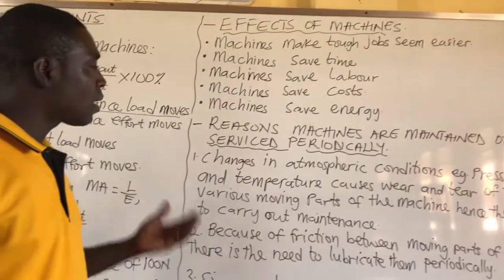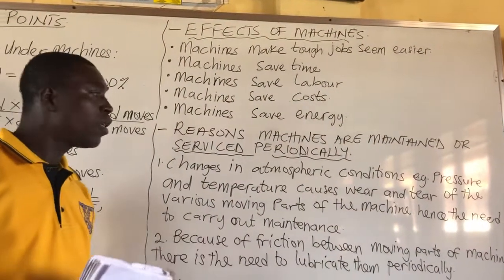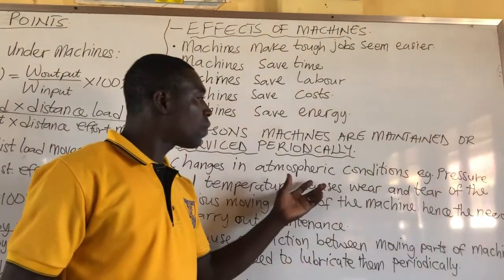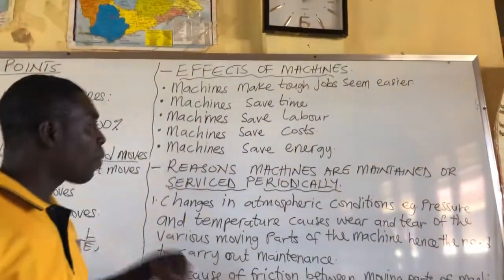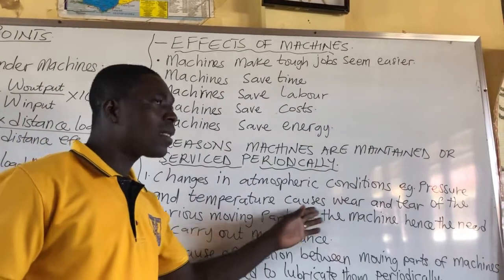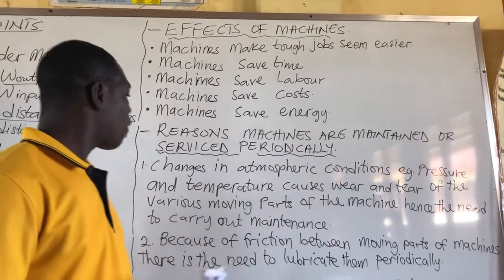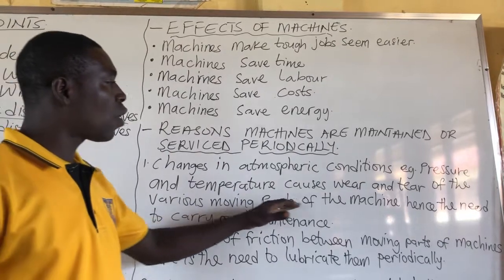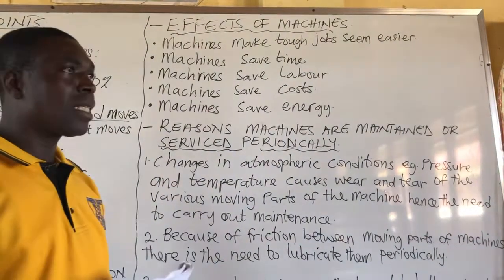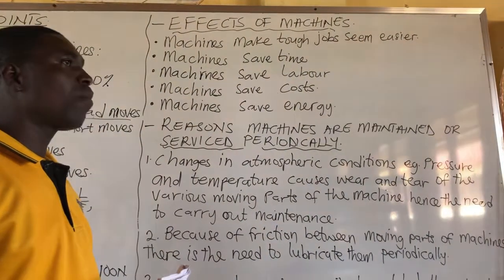One, as machines are being used, changes in the atmosphere or atmospheric conditions, example pressure in the atmosphere and the temperature, causes wear and tear of the various moving parts of the machine, and hence the need to carry out maintenance on such machines.